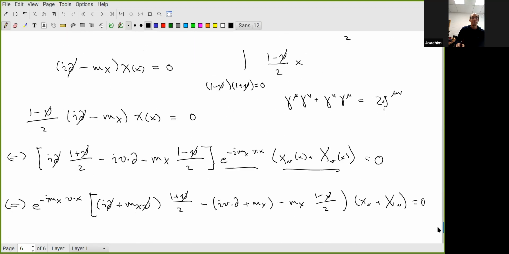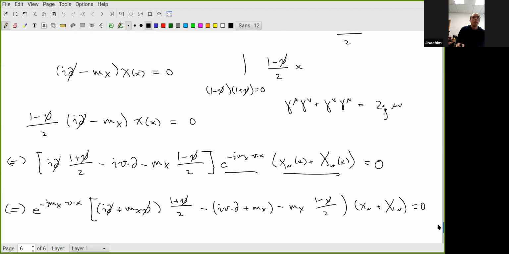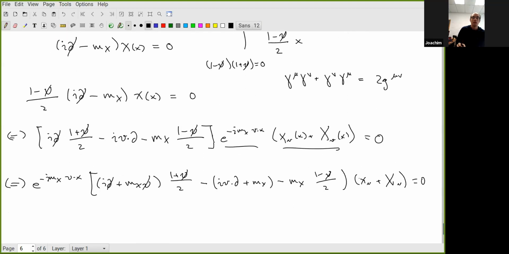So if you act with the opposite projectors on it, this will just drop out. So 1 minus v-slash acting on this one will be 0, 1 plus v-slash acting on the capital one will be 0, and so on. So this simplifies. And we can divide by the scale factor.